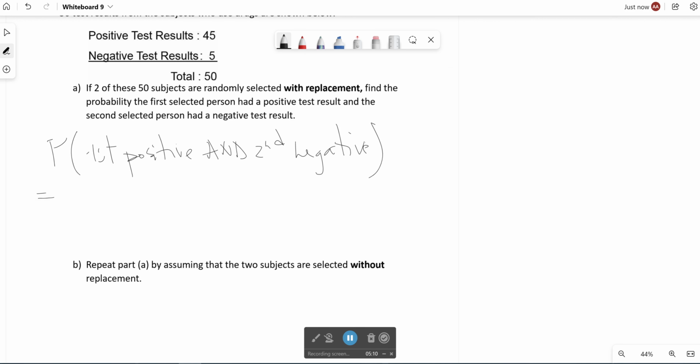According to the product rule, we need the probability that the first tests positive and multiply that by the probability that the second tests negative, given that the first tested positive.